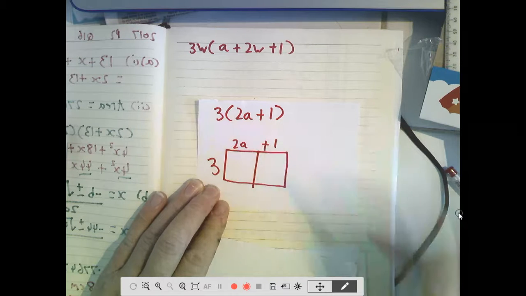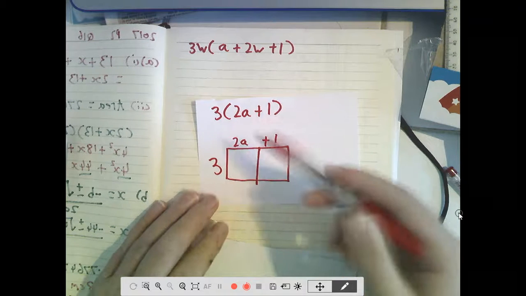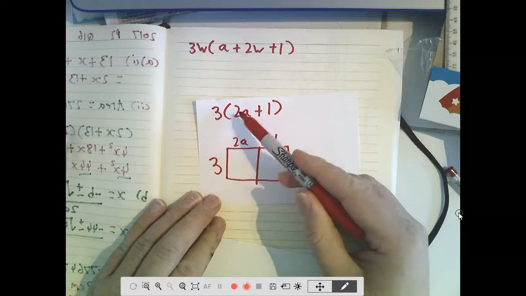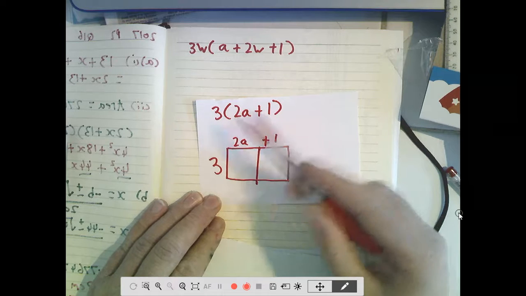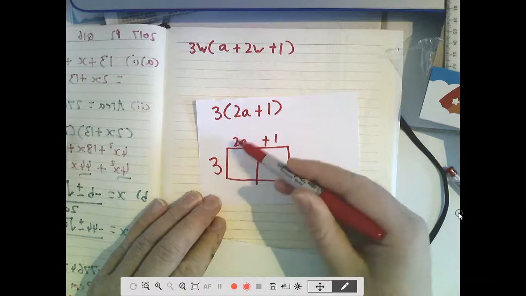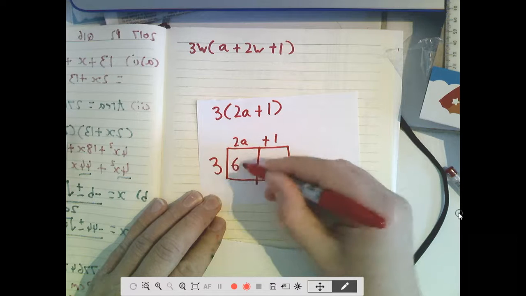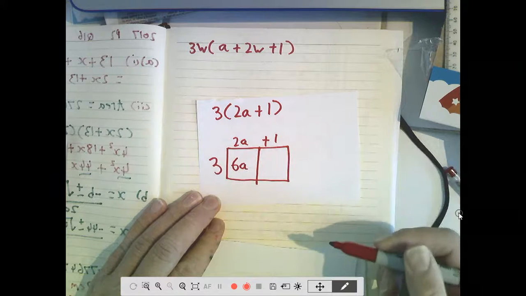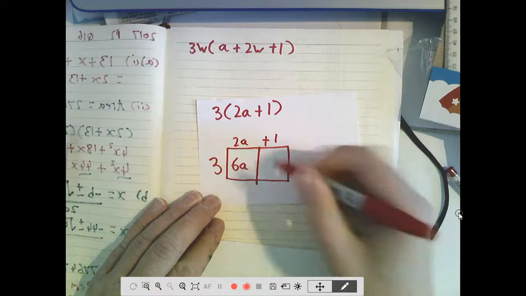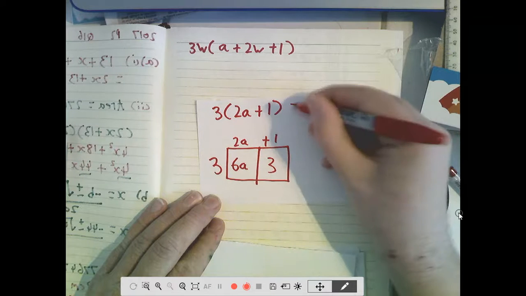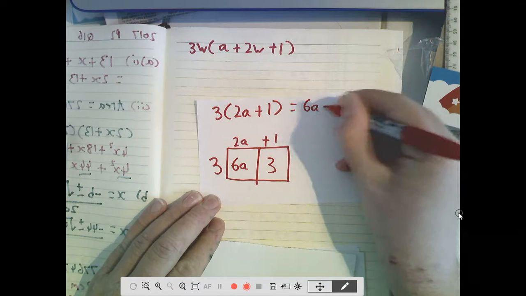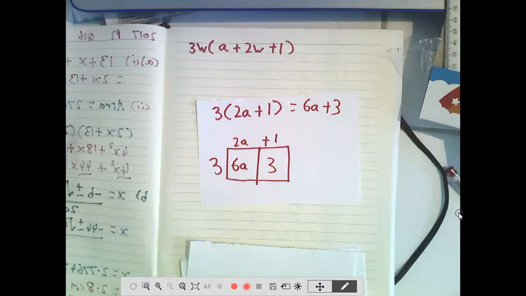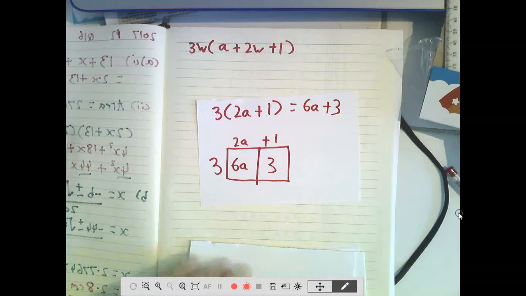So we've got 2a plus 1 by 3. And what's going to happen is this 3 needs to multiply each of the things in the bracket. So 3 times 2a is 6a. 3 times 1 is 3. And so our answer is 6a plus 3.